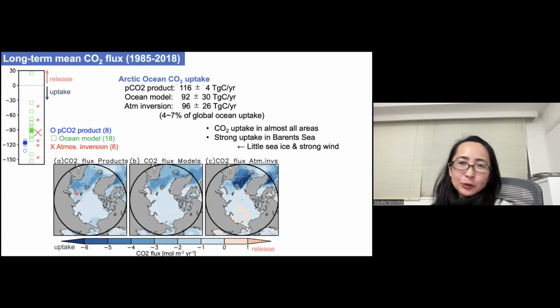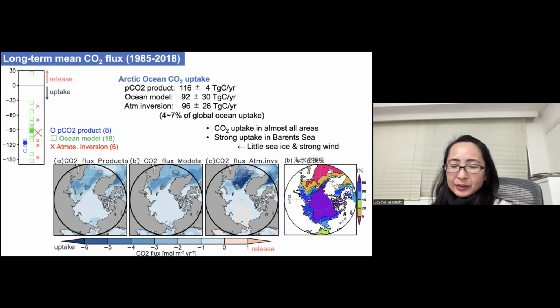Among them, we can see strong uptake in the Barents Sea, like this. And this figure shows the sea ice concentration from the satellite, and we can say that this strong CO2 uptake in the Barents Sea is because of the little sea ice in these areas, and also because of the strong wind.